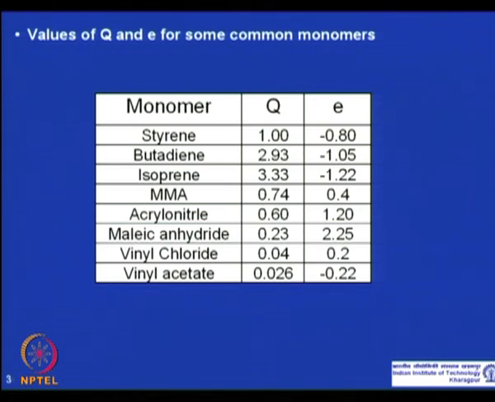So basically now we know what Q and E are, what the basis of these values is, and how to experimentally or semi-empirically get these values in comparison to the arbitrarily assigned values of styrene.